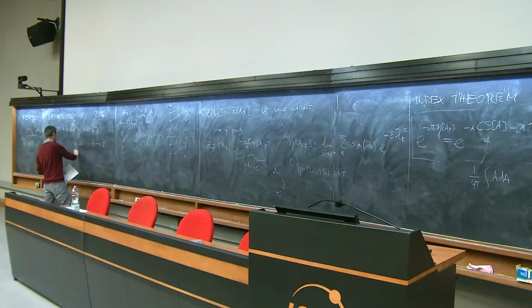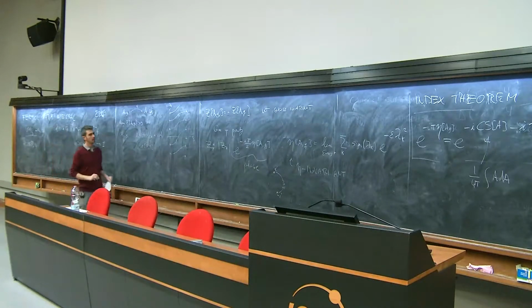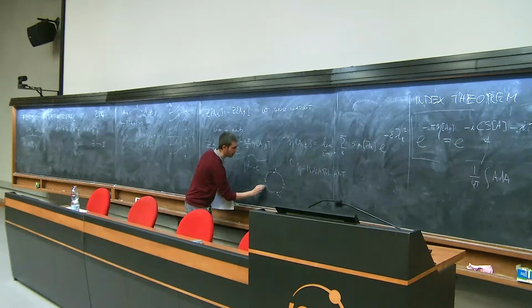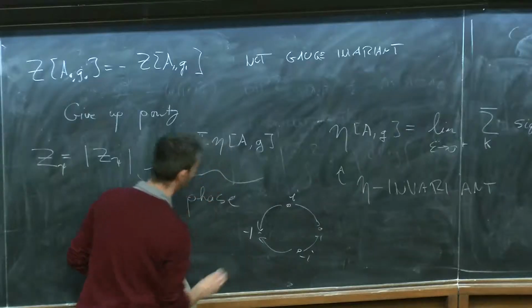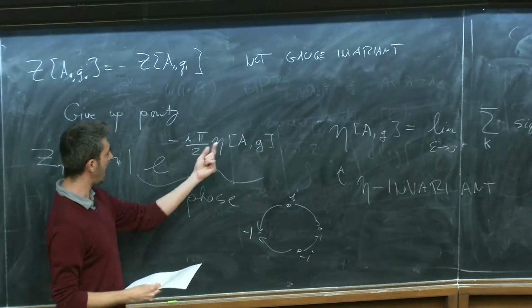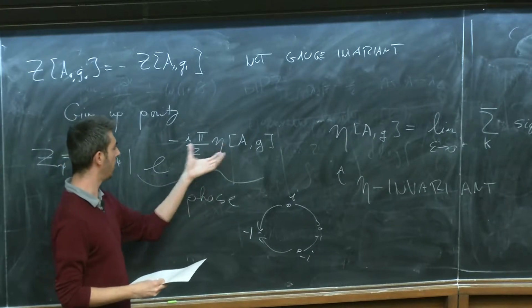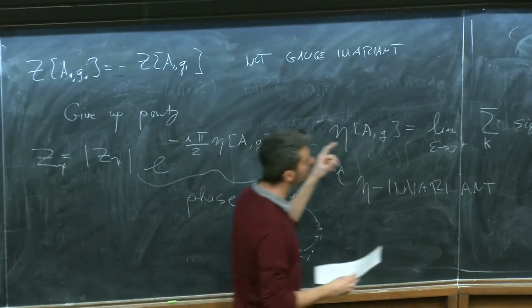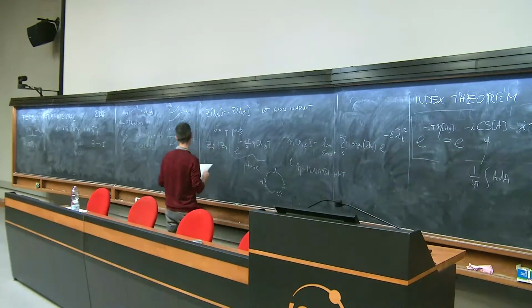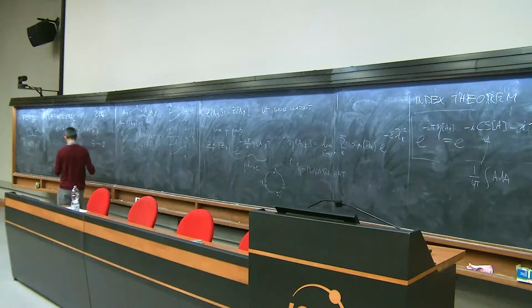But if you take negative mass, these two phases go to -1, which means that instead of taking half of this eta, you have the whole eta, but the whole eta is equal to this object here. And so in that case, you get something non-trivial.